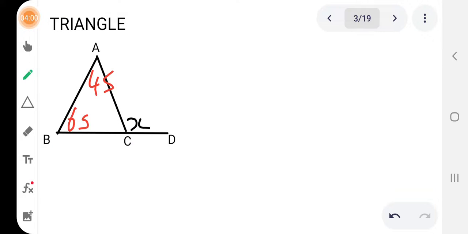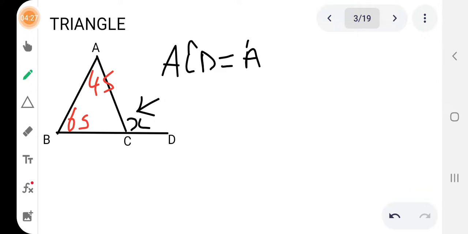Before we find x, we are going to simply say that the exterior angle, this is our exterior angle, is equal to the sum of the opposite interior angles. Therefore, these are our opposite interior angles, angle A and angle B. So angle CD equals angle A plus angle B. Your reason is going to be: exterior angle of a triangle equals the sum of the opposite interior angles.